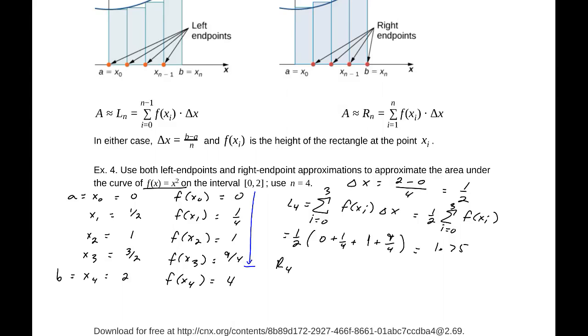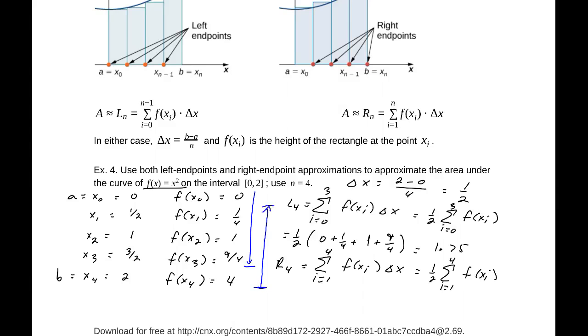Now the area from the right, i equals 1 to 4, f of xi delta x. Something very similar here. This will be 1/2 times the sum from 1 to 4 of f of xi. So we're going to add the function values coming from the right.